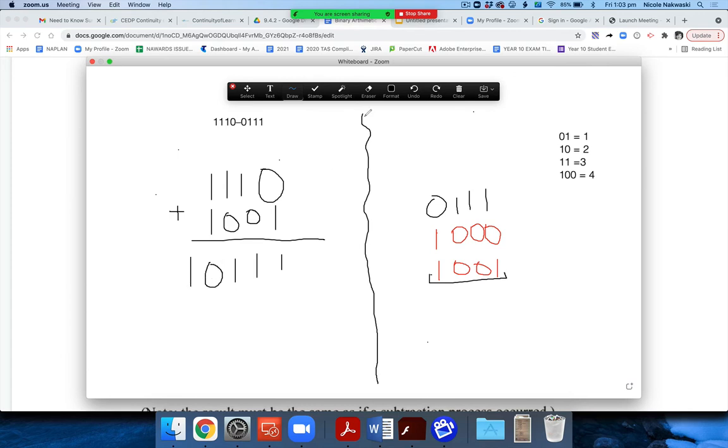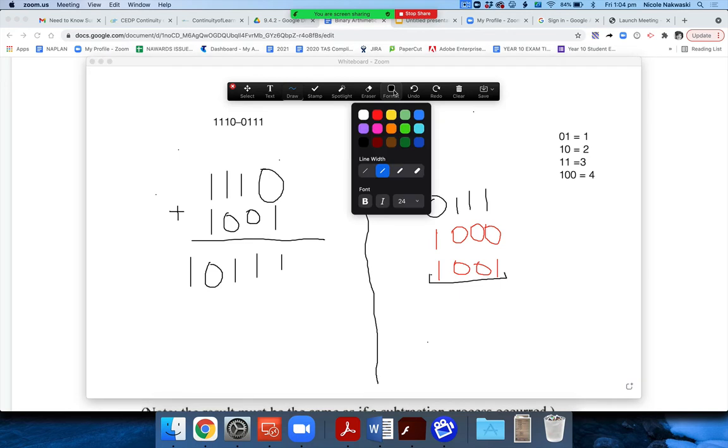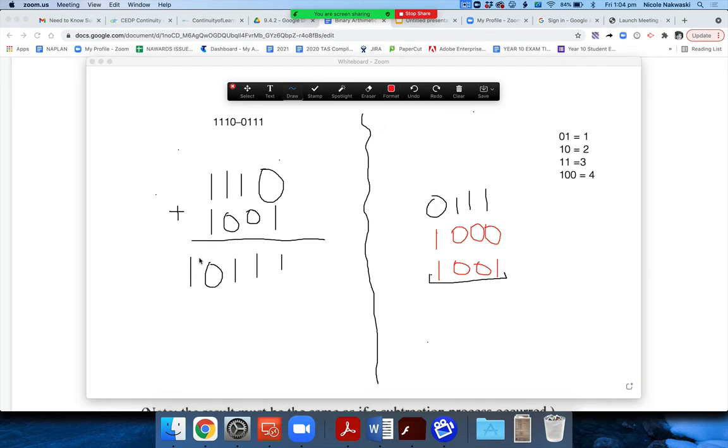Okay, now what you will notice is that I've actually ended up with a number larger than what I started with. Because I'm performing this addition, what I actually have to do is lose the carry bit. So if I start with 4 bits and I end up with 5, I have to get rid of this bit to the left.